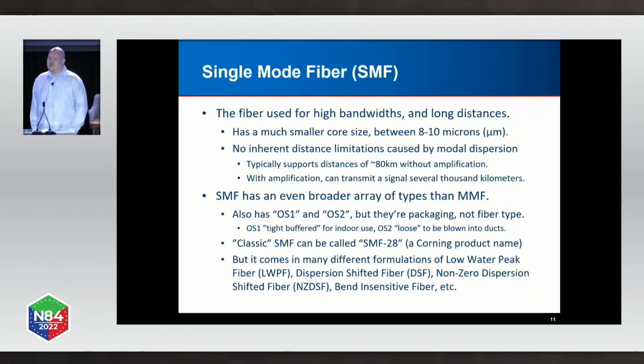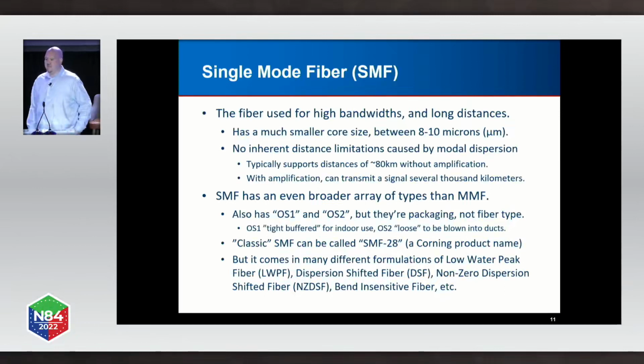But SMF has a million different classifications. It's even more interesting. Just like multi-mode had OM1 and OM2, it has OS1 and OS2. But here we're talking about the packaging of the fiber. OS1 is what's called tight buffered, so that's your patch cables. And OS2 is the kind of fiber that's loose and is blown into ducts. You'll hear SMF referred to as SMF28 as the standard fiber.